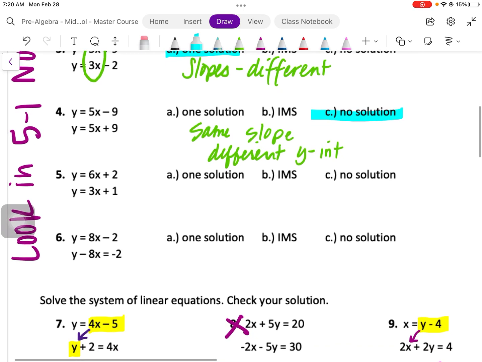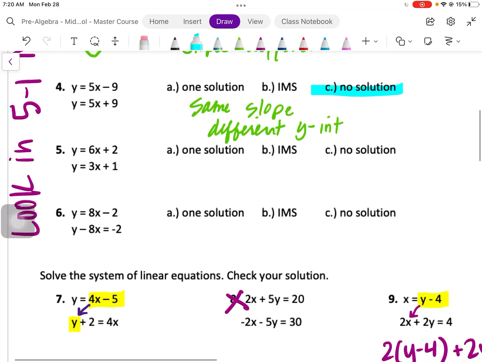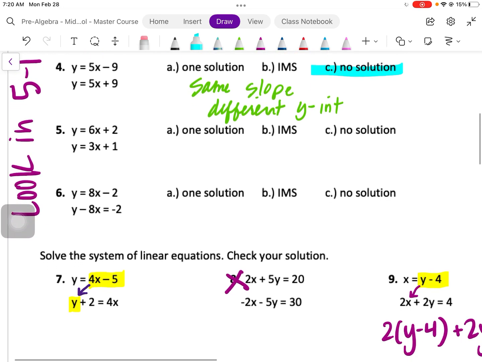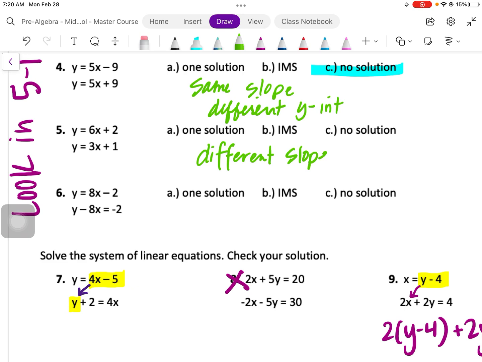You have to pay attention to the signs that precede the numbers there. So these are not exactly the same equation. In number 5, both equations are in slope-intercept form, and I can see immediately that these have different slopes. So therefore, there's going to be one solution.